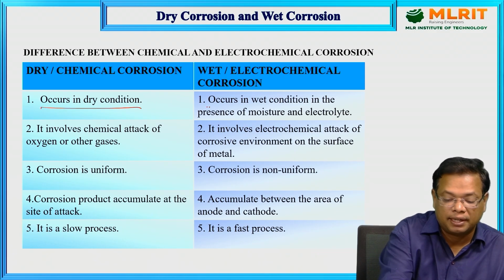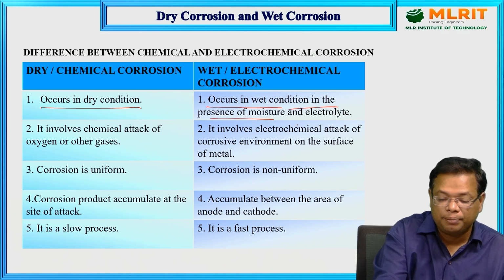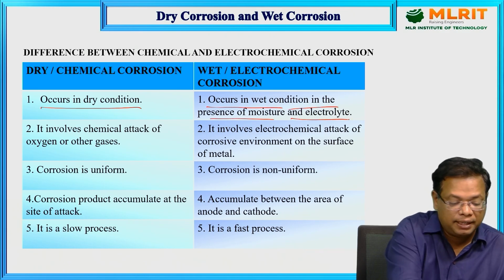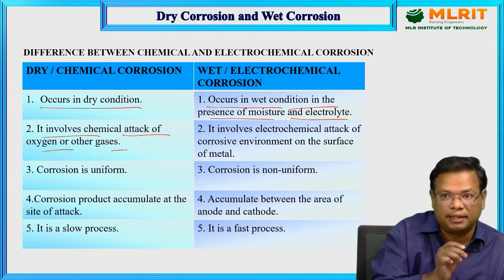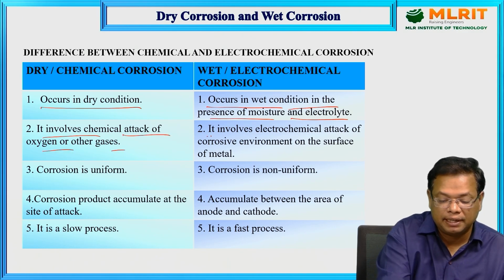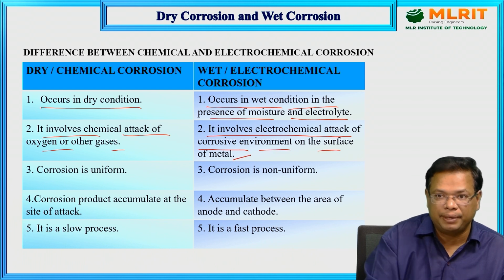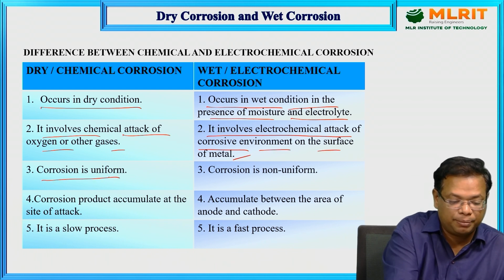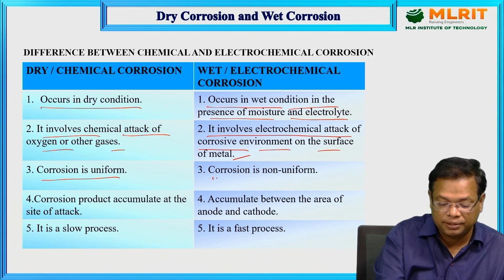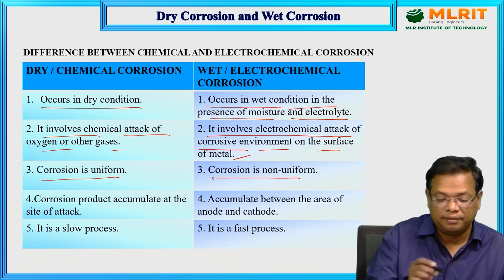Wet corrosion occurs in wet conditions, in the presence of moisture and electrolyte. Dry corrosion involves the chemical attack of oxygen or other gases. Wet corrosion involves the electrochemical attack of the corrosion environment on the surface of the metal. And corrosion is uniform in dry corrosion, and non-uniform in wet corrosion.